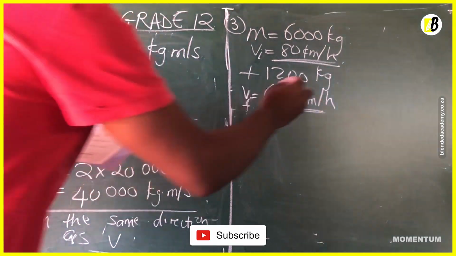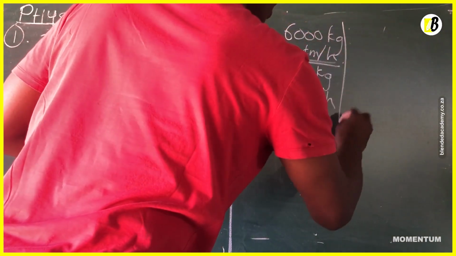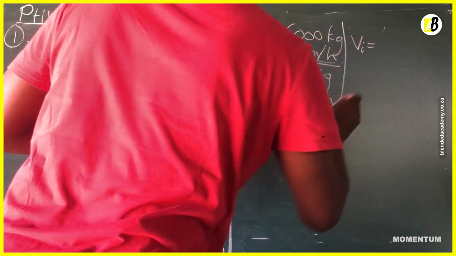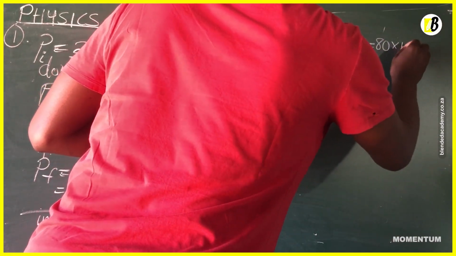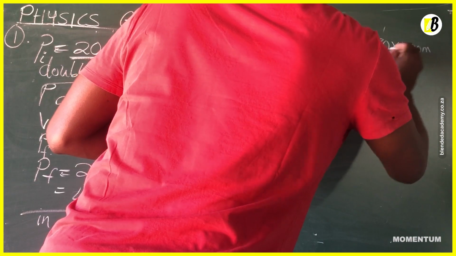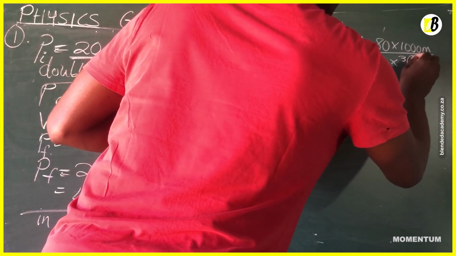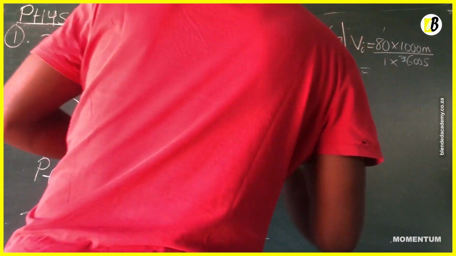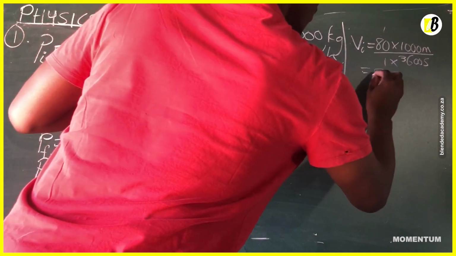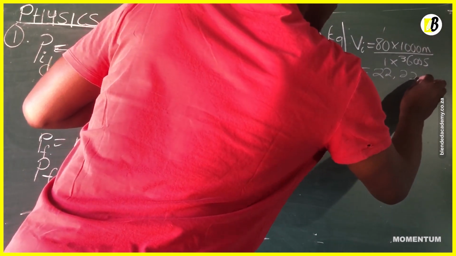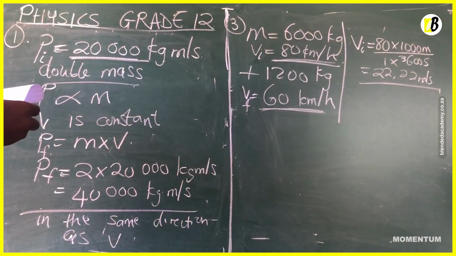Starting with the initial velocity, let me just write it on this side here to save space. We're going to have 80 multiplied by 1,000, that's converting it to meters, divided by 1 multiplied by 3,600 seconds. That's 22.22 meters per second. That's our initial velocity.